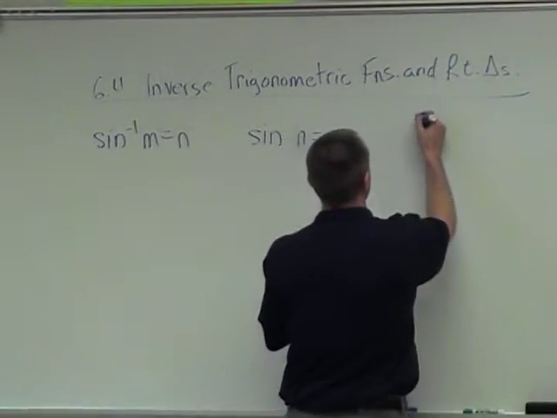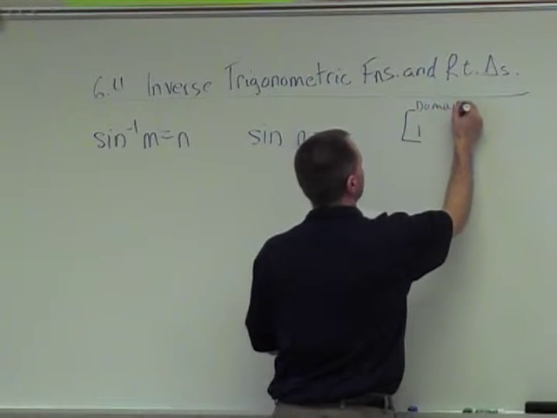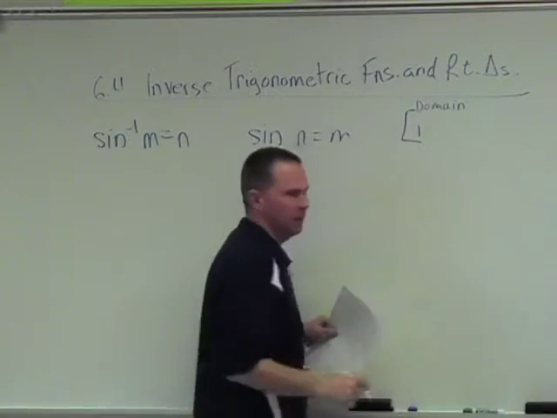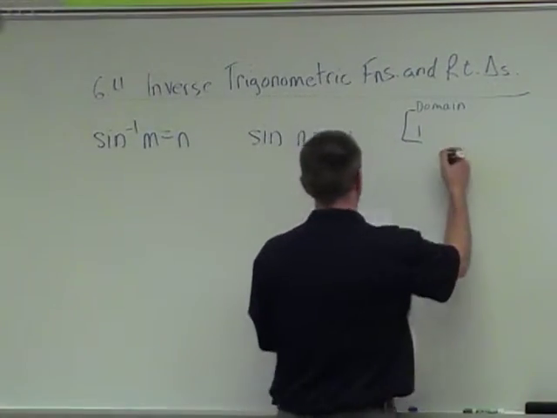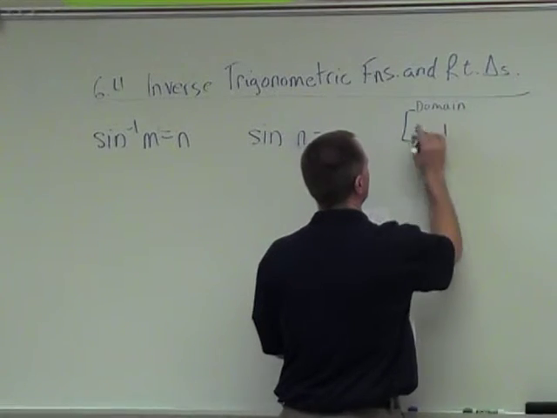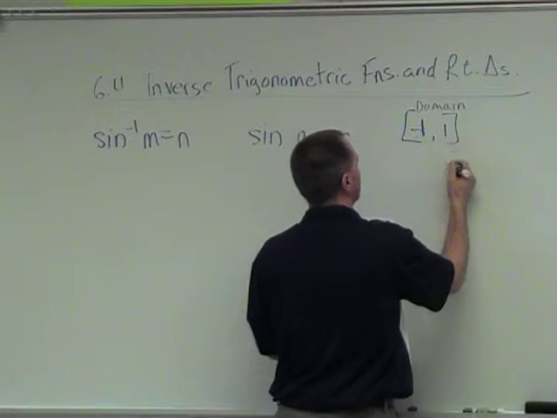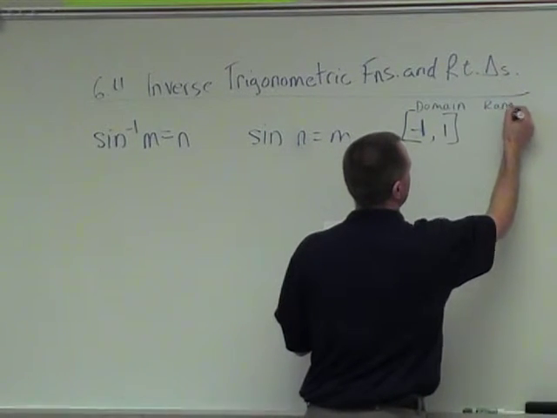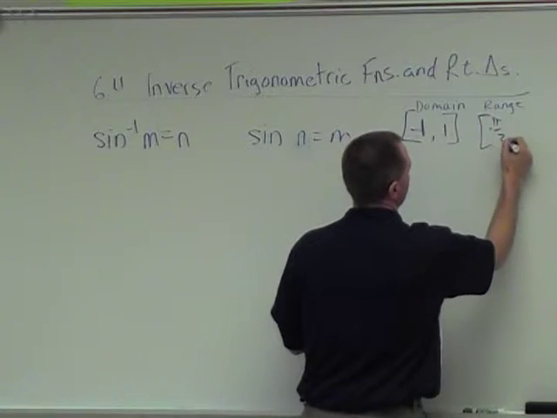Maybe I'll do that. All right, but the point was when we did the graphs of these inverses, remember how ugly it was when we did the graphs? We learned a few things. We learned that the domain of the arc sine was -1 to positive 1. And that the range, and these are the important things that I'm putting up here for today, negative pi over 2 to pi over 2.